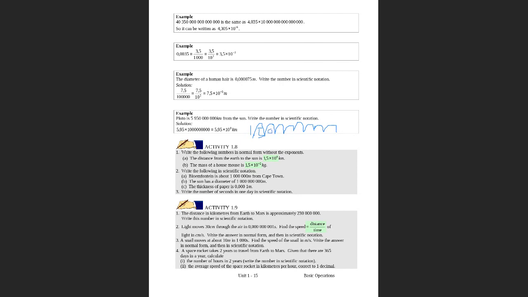So there will be a 0 here, a 0 here, a 0 here, a 0 here, a 0 here, a 0 here, a 0 here. So it's going to be 1,5, 0, 0, 0, 0, 0, 0, 0. Yes, it seems that your hand is up.